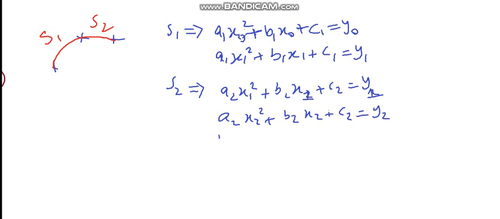Similarly, if you have n splines, you will have n sets of equations for the different splines.